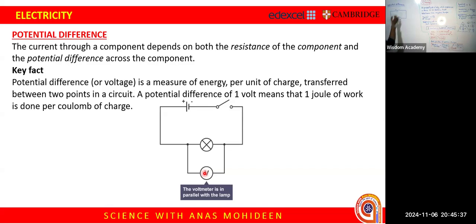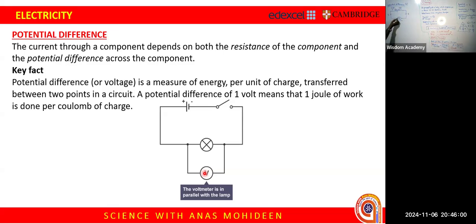This is plus, minus, and here the potential difference is measured. It is symbolized by V. This is high voltage, and this is low voltage. Minus is low, plus is high. So only from higher voltage to lower voltage does the current pass. So the current is passing across this.